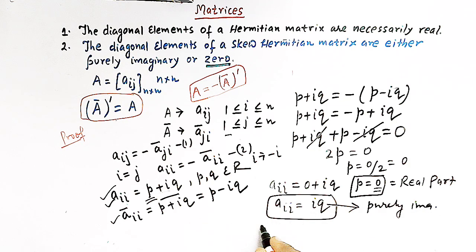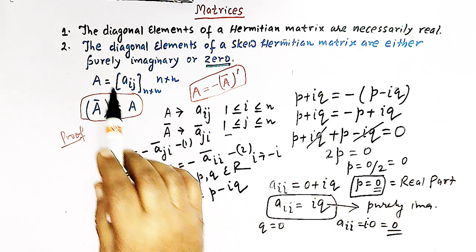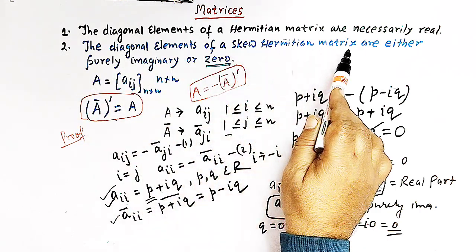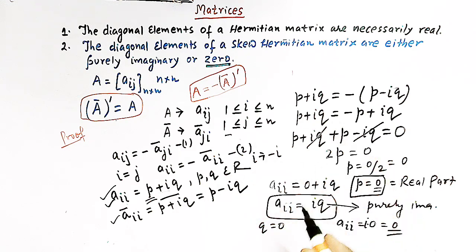And here if we take q is equal to 0, then in that special case aii is equal to 0, that is i times 0 is equal to 0. So in this case aii is equal to 0. So in the case of a skew Hermitian matrix, the elements of the diagonal are either purely imaginary or equal to 0.